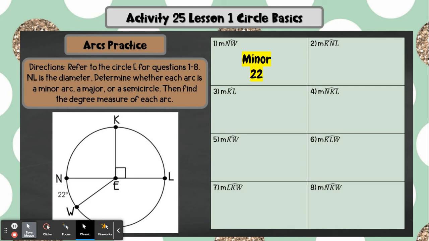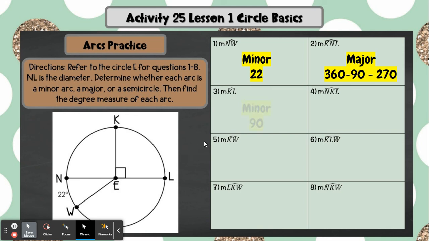Okay. KNL. Now this is 90. Okay, so we're looking at everything left over, and all the way around the circle is 360. So if I take 360 minus 90, it gives me 270, and this is a major arc.